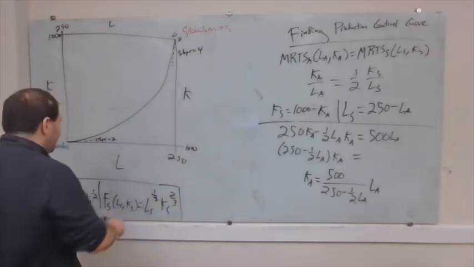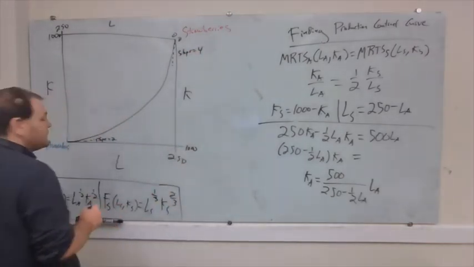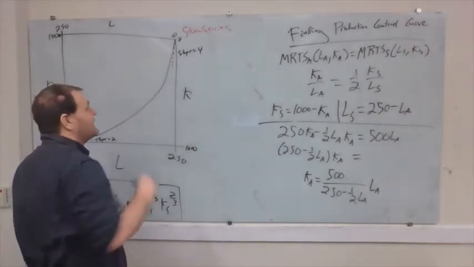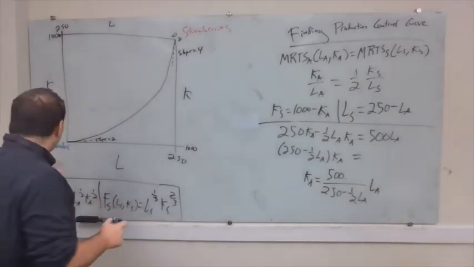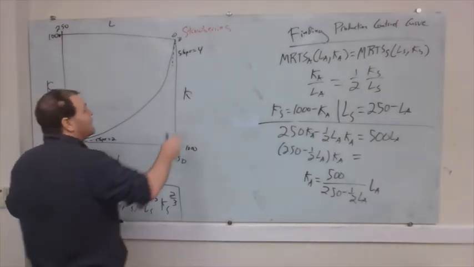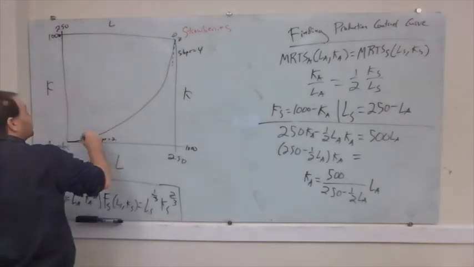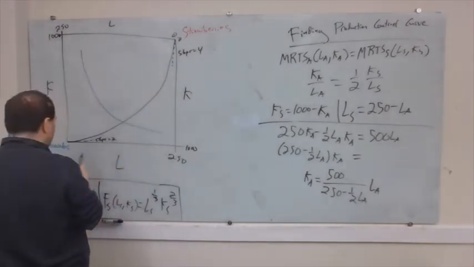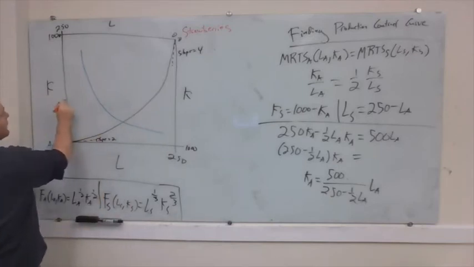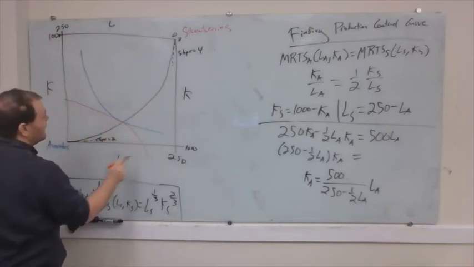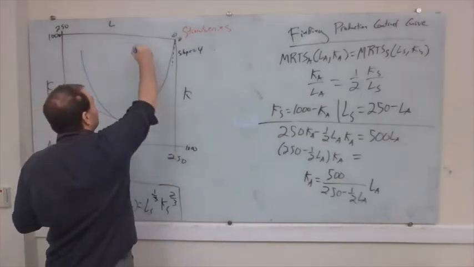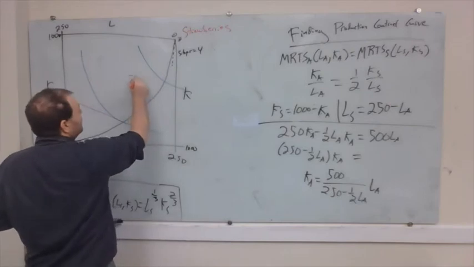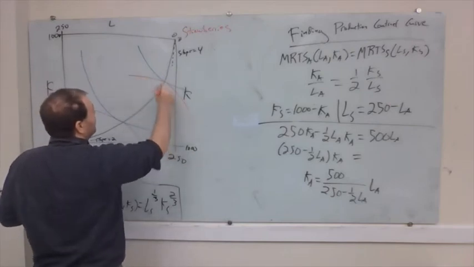And essentially what this is telling us is that as much as possible, we're going to be labor intensive in avocados and capital intensive in strawberries, because avocado production is relatively more labor intensive, strawberry production is relatively more capital intensive. And just as before, each point along our contract curve is going to represent a point that's input efficient, like this.